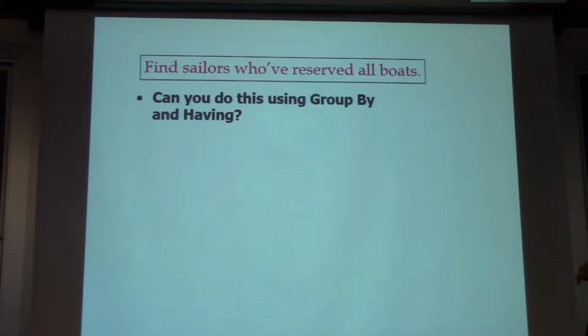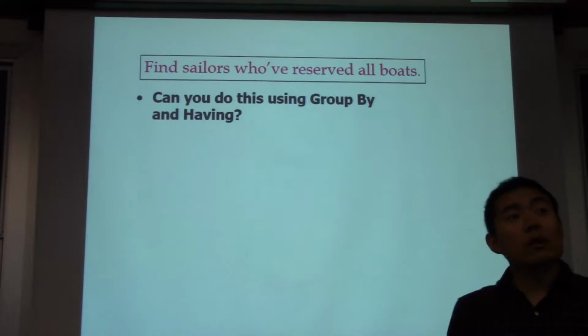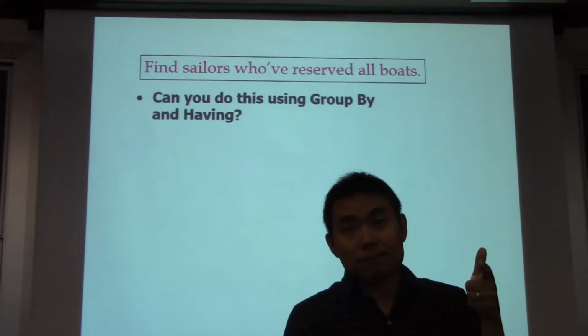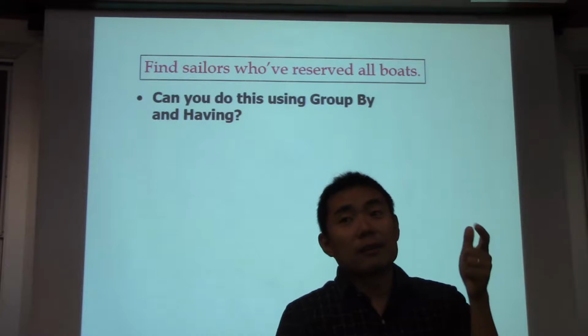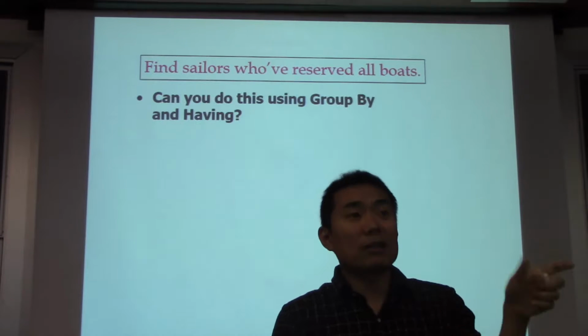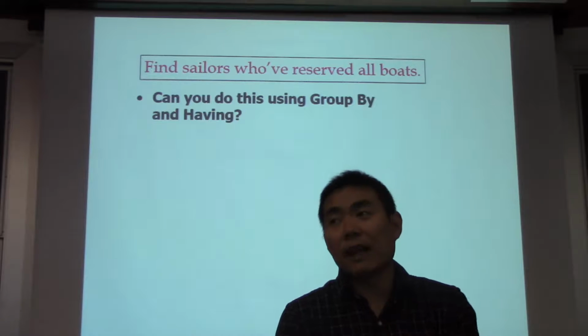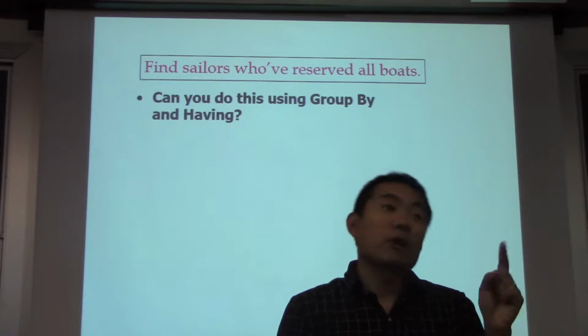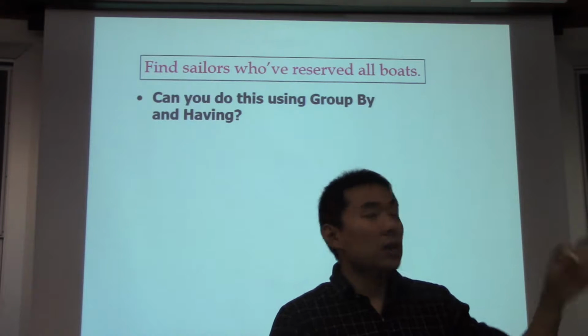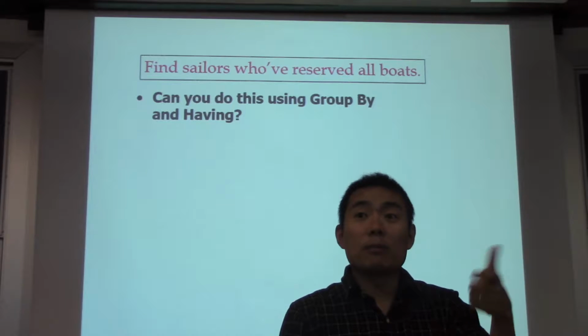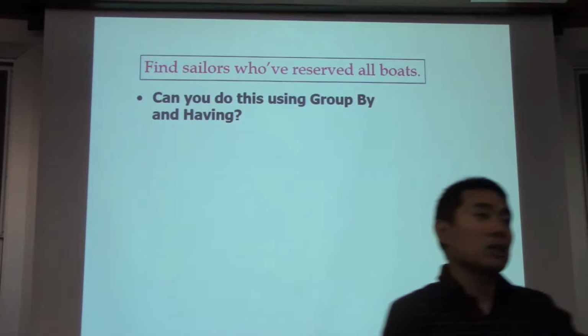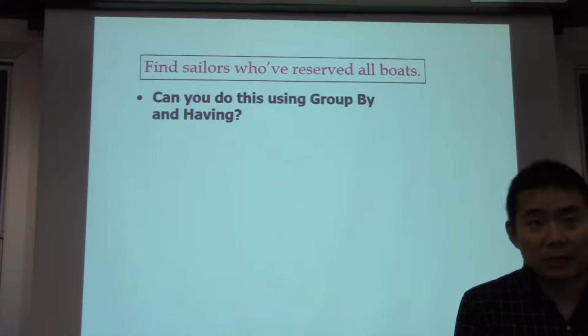Well, if you think about it, a sailor would have reserved all boats if the number of reservation records for that sailor equals the total number of boats we have in the database. But you have to be careful because he or she may have reserved the same boat multiple times. By merely looking at the count, it doesn't give you the full picture.